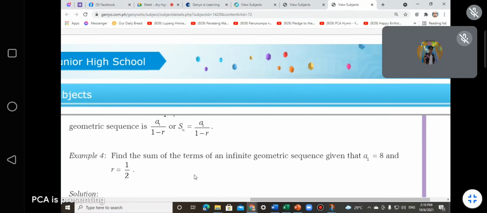So analyze that one. If you have this problem, example number 4, it says find the sum of the terms of an infinite geometric sequence given that the first term is equal to 8 and r is 1/2. It says infinite, so you're going to use this formula.